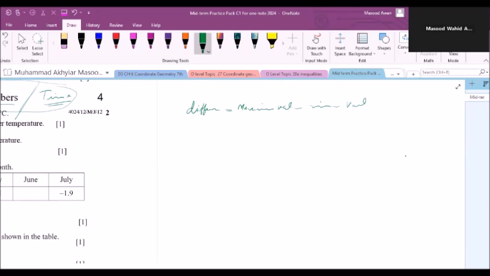This is the way to find out the difference, or you can also say the range.